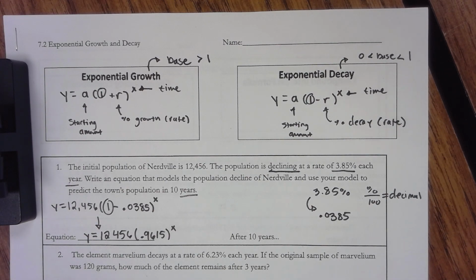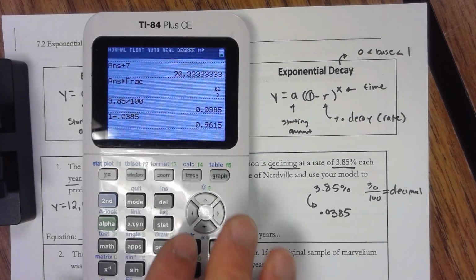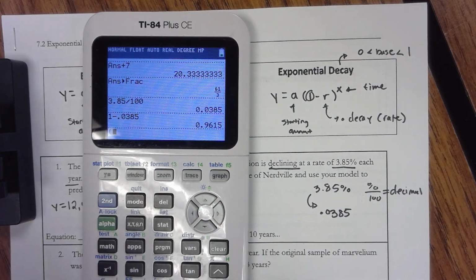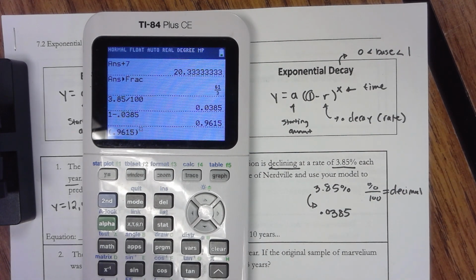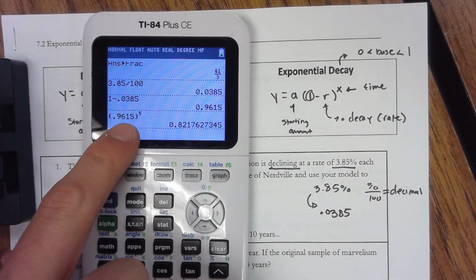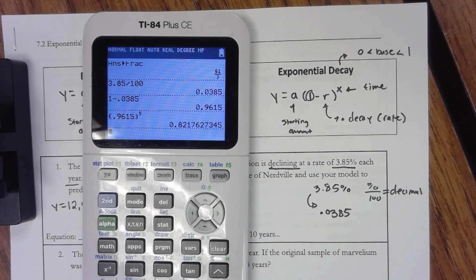Now, before I move forward, I just want to show you why that's the case. It all comes back to how exponents work. Let's take the rate right now, 0.9615. When I take 0.9615, which is exponential decay, and start raising it to powers, look what happens to that decimal. When I take it to the power of 5, I'm going from 0.9615 to now 0.821. So that's getting smaller.